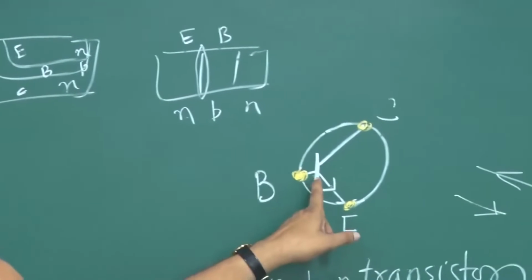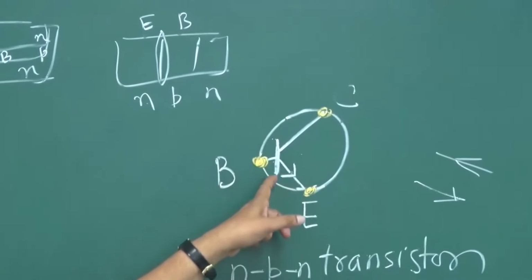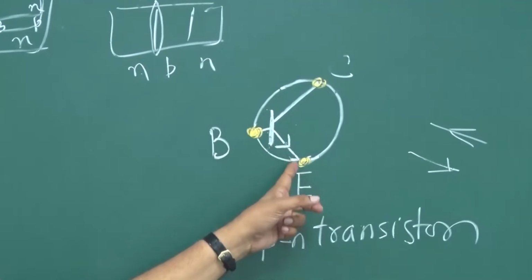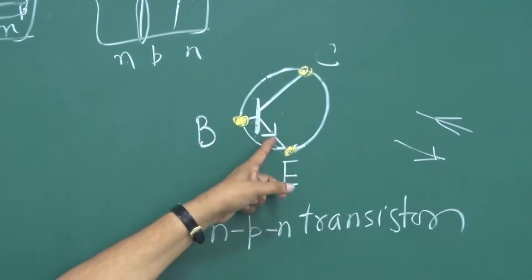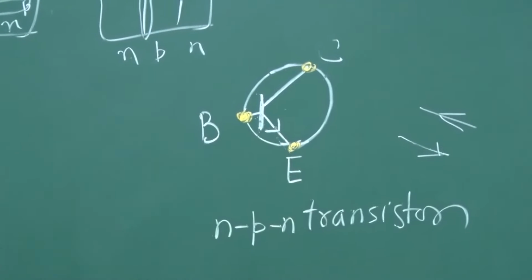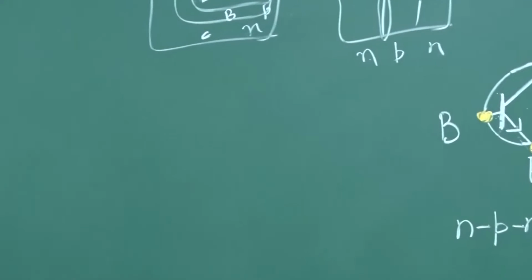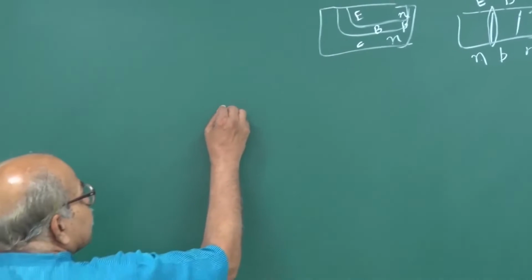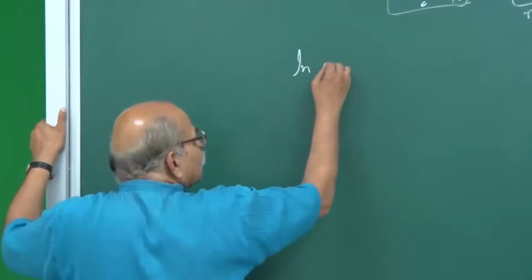In this diagram, this line is for base and this line is for emitter. So this junction between base and emitter, this PN junction. This is a very important result, and you should always remember this in normal operations.